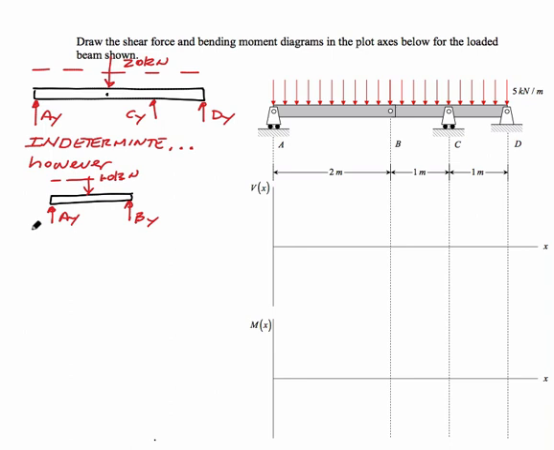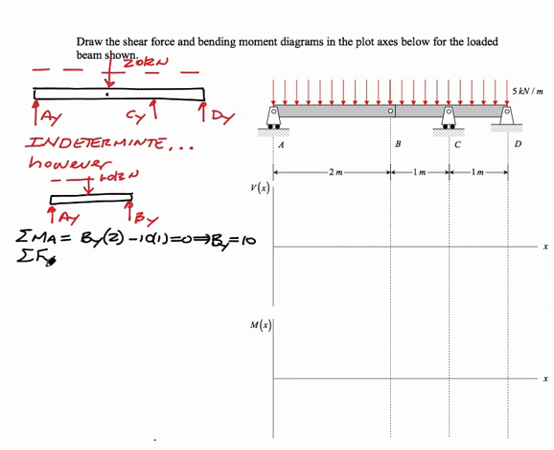From this, when I do a moment about A, I get BY times 2 minus 10 times 1. So from this we see that the reaction force at B is 10.